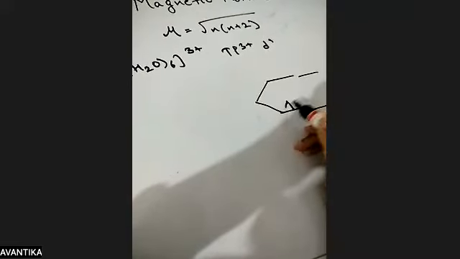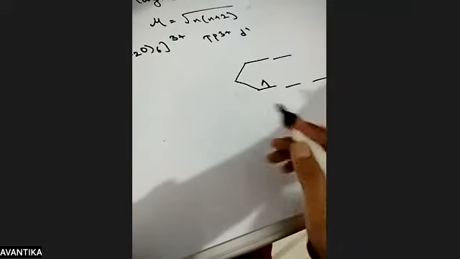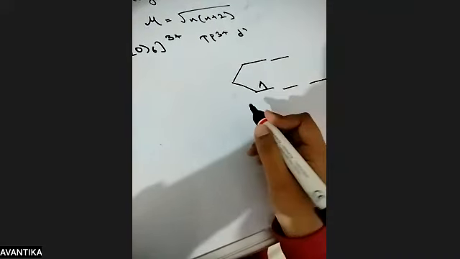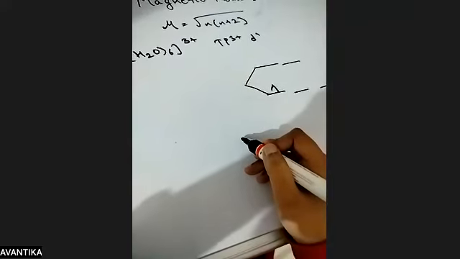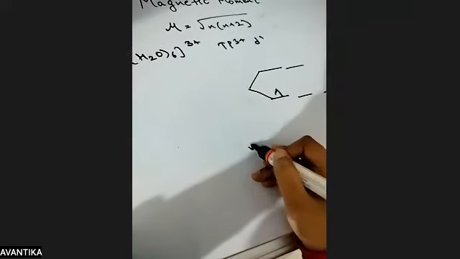Here only one unpaired electron is present. So its magnetic moment will be around 1.8.